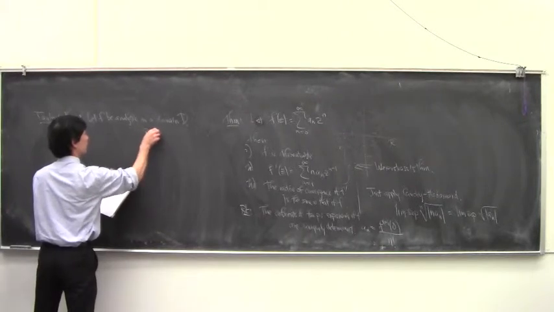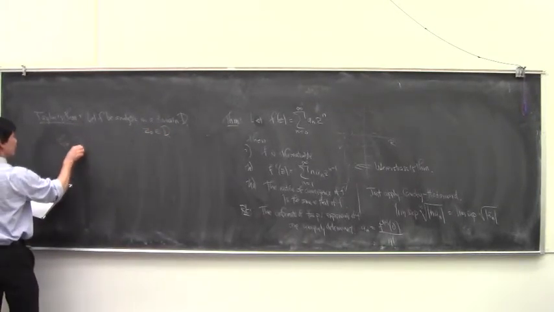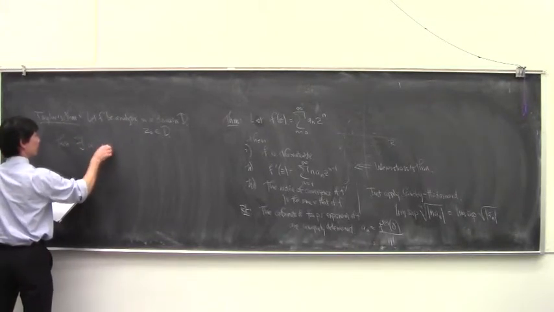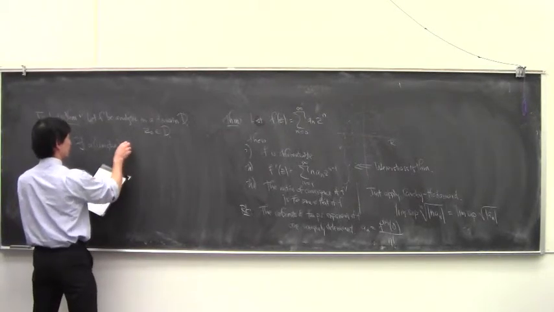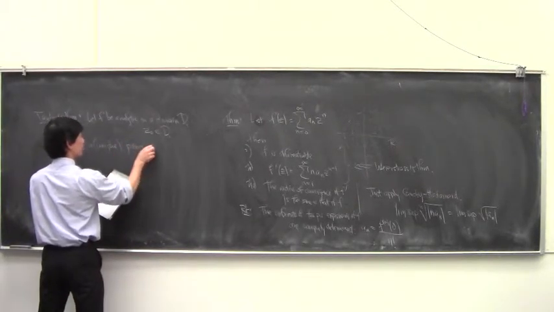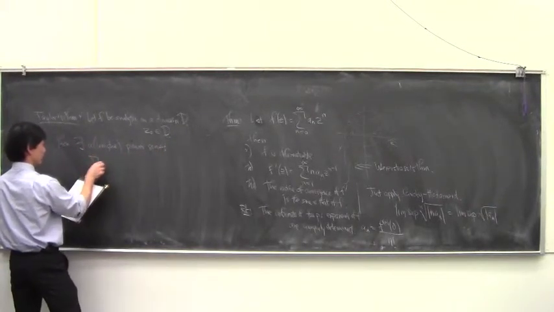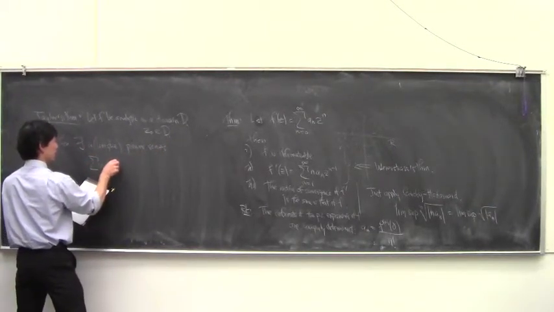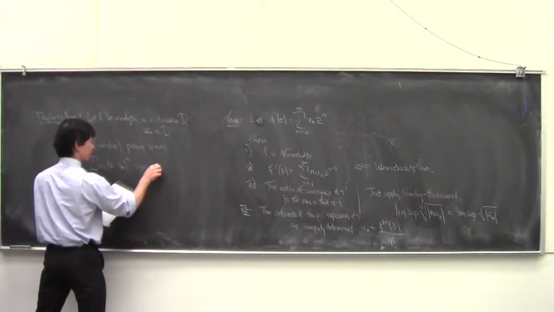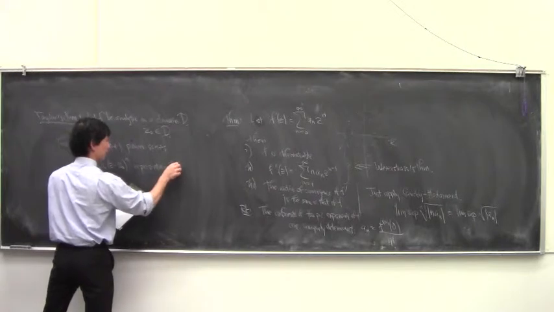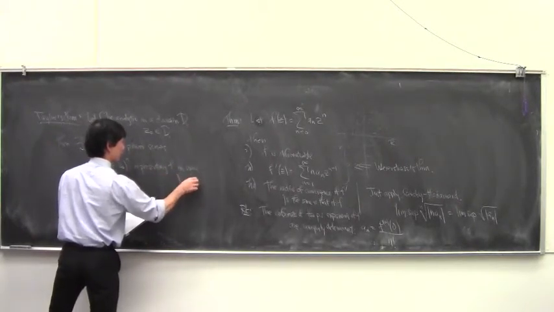And let z naught be some point in D. Then there exists a unique, we just saw that it's going to be unique, there exists a power series, summation a sub n (z minus z naught) to the n, representing f in some neighborhood of z naught.